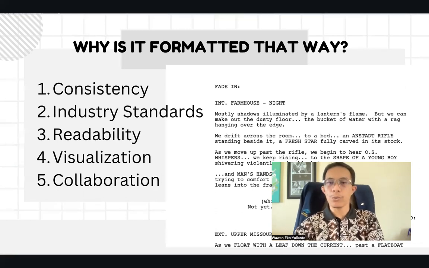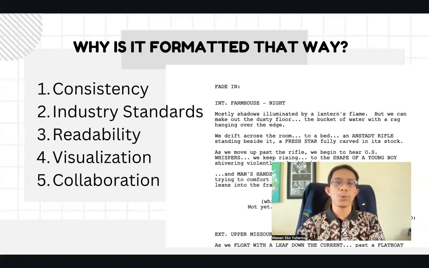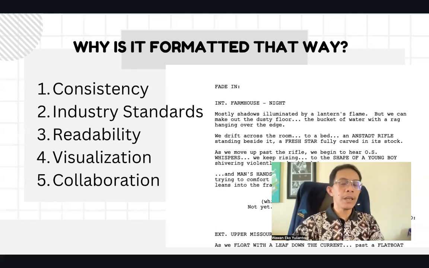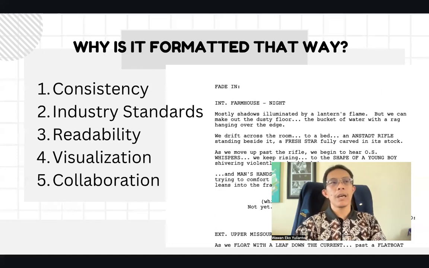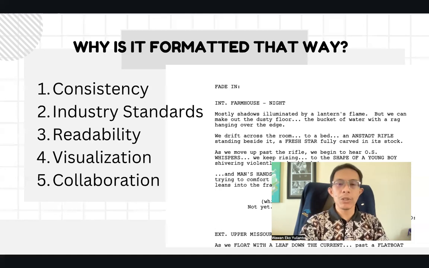In business, as you might know by now, consistency is important to make work more effective or efficient. And also it's because this is the industry standard. It used to be done by only one person, but then more people started using it, and eventually the convention evolved into an industry standard.